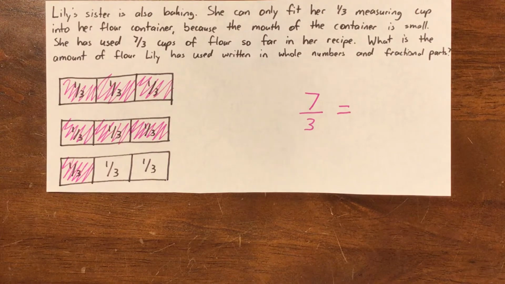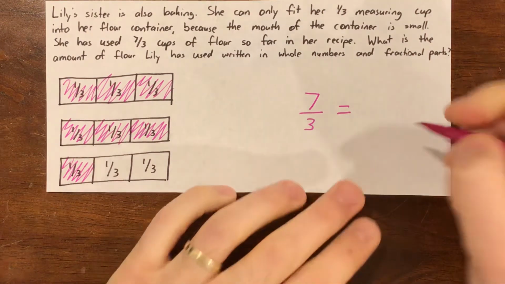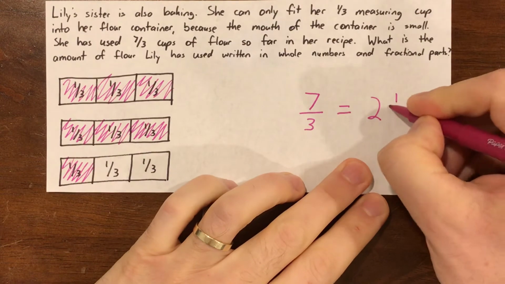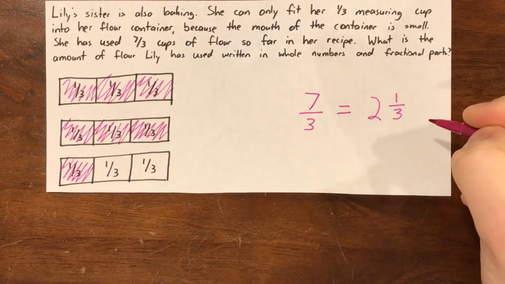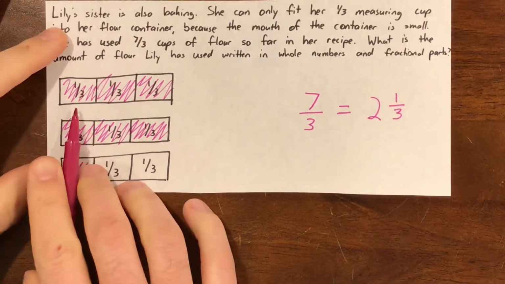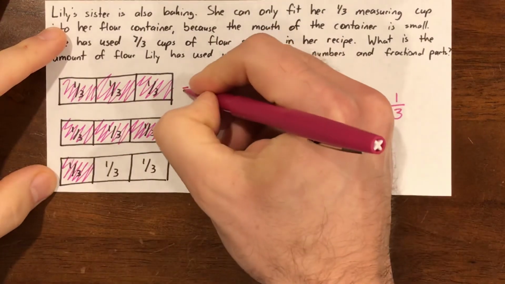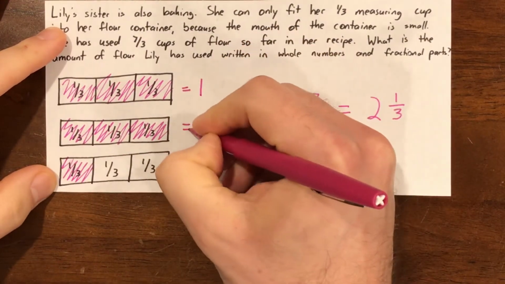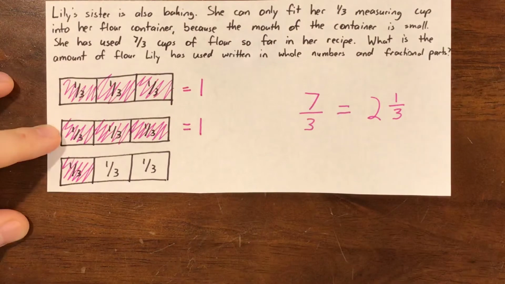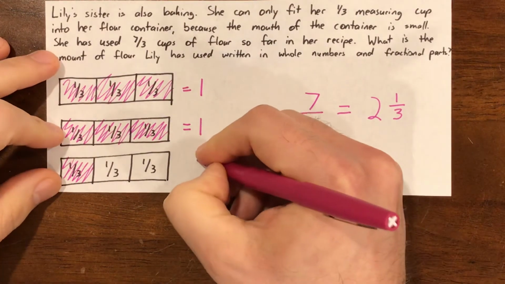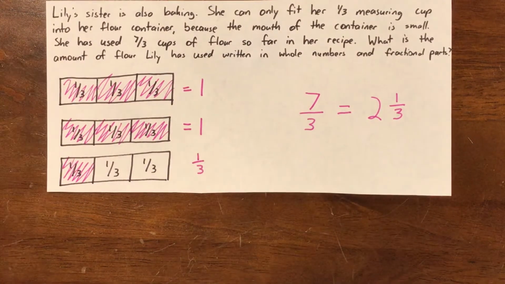Yeah, we could actually write it as 2 and 1/3 because we can regroup each of these 3/3 into one whole. So that gives us 2 wholes. And then we'd have 1/3 left over.